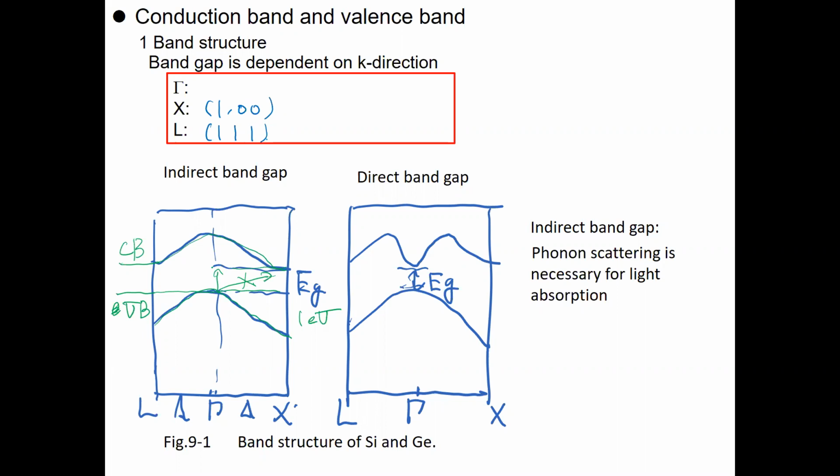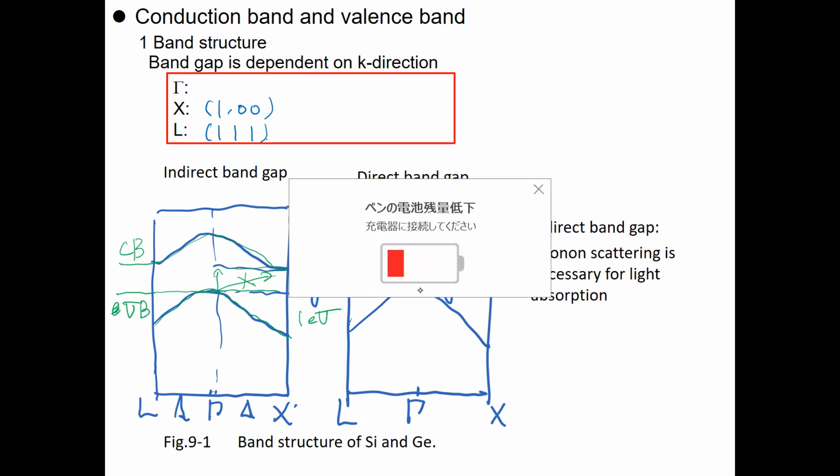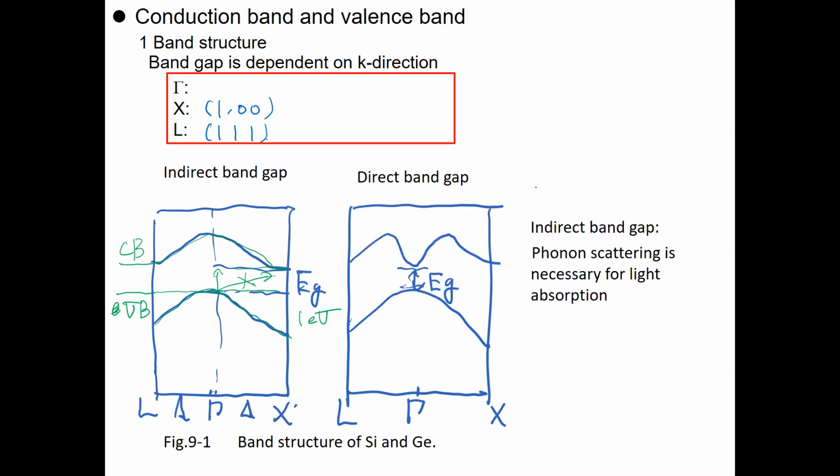On the other hand, germanium has a direct transition at the center, gamma. So the light absorption is strong, and this is called a direct band gap.